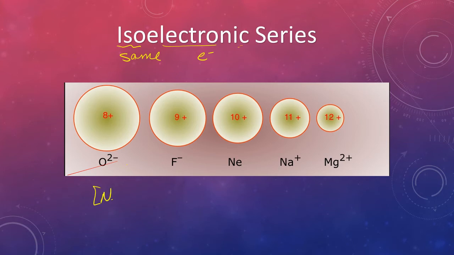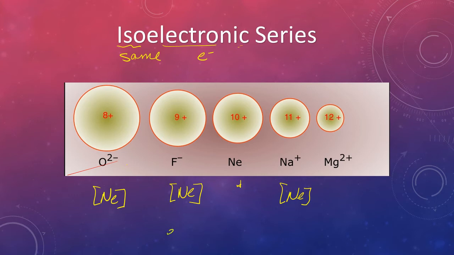They all have the configuration for neon. But look at their sizes. Why do you think that, if each one of these has the exact same electron configuration as neon, oxygen is so much bigger?